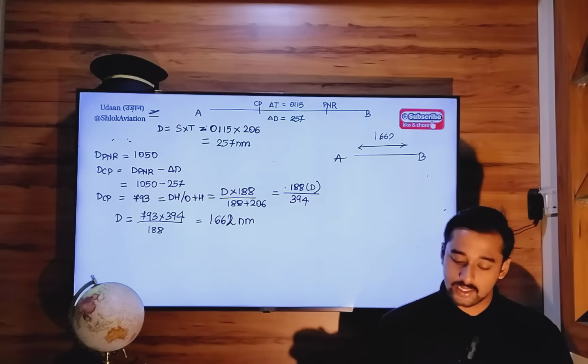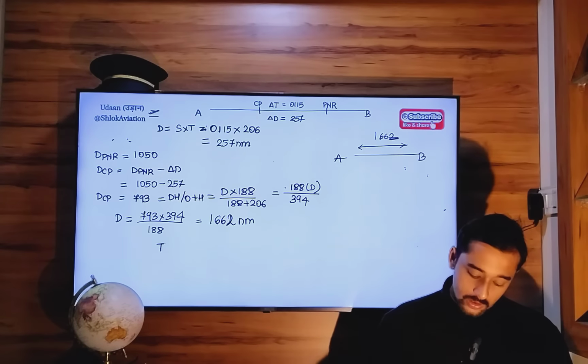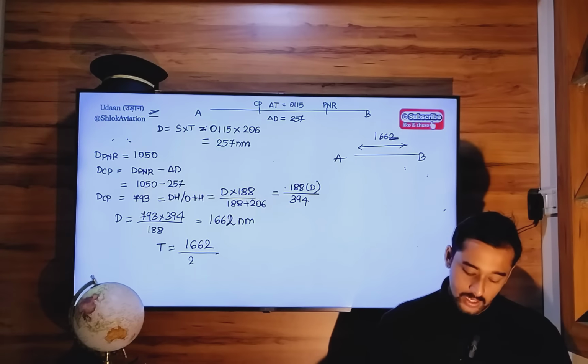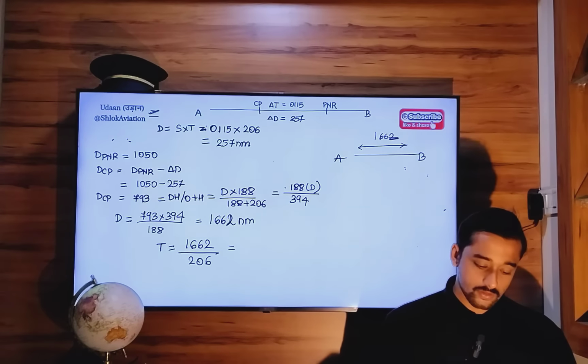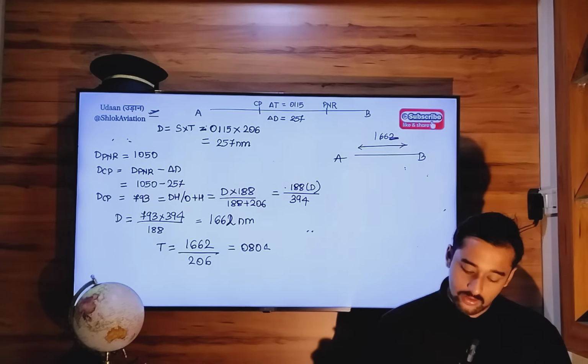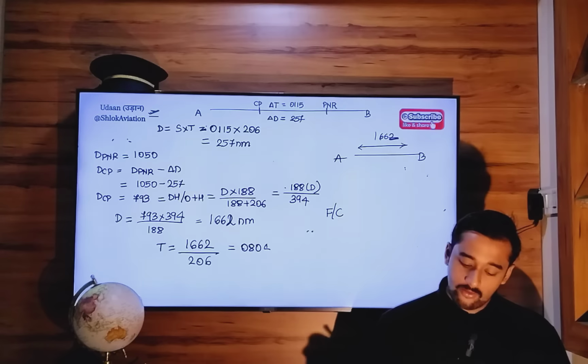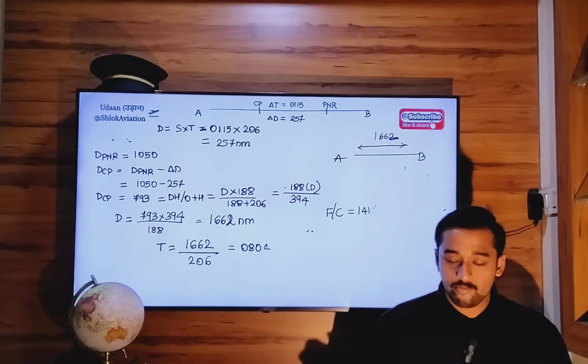1662 nautical miles. So the time taken to travel from A to B will be equal to 1662 divided by outbound speed 206, 8 hours 4 minutes. Now our fuel consumption rate is 141 gallons per hour.